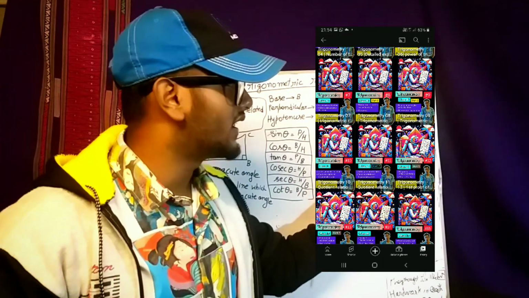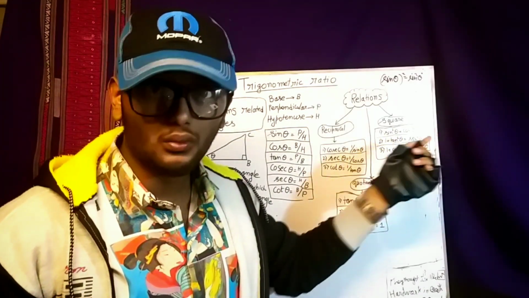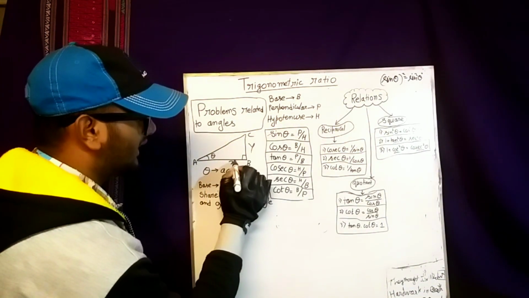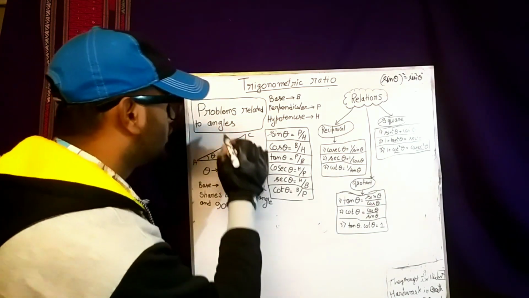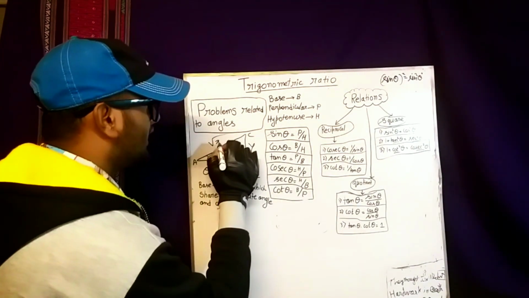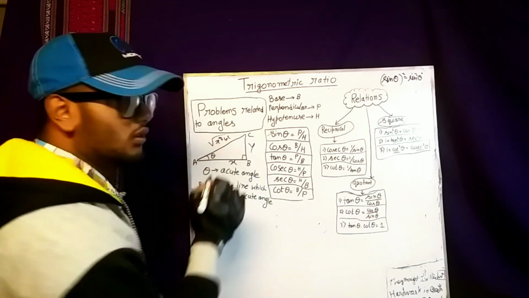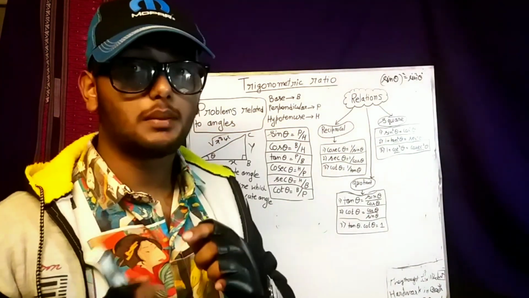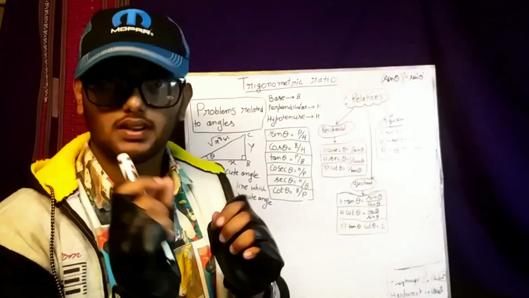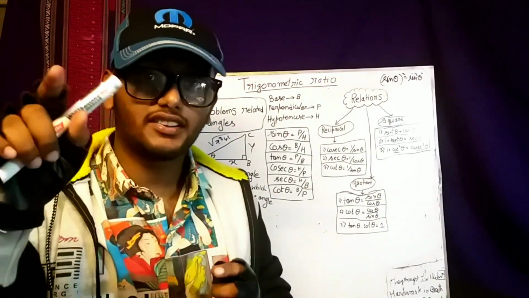If you want to prove sin square theta plus cos square theta equals 1, we know sin theta. Let's take this one as y, this one as x. Base is x, perpendicular is y. So by Pythagoras theorem, the hypotenuse is the root of x square plus y square. Now sin theta means perpendicular by hypotenuse, so y by this root. What is cos theta? x by this root.